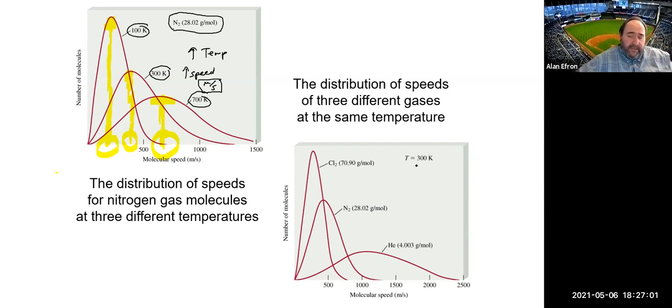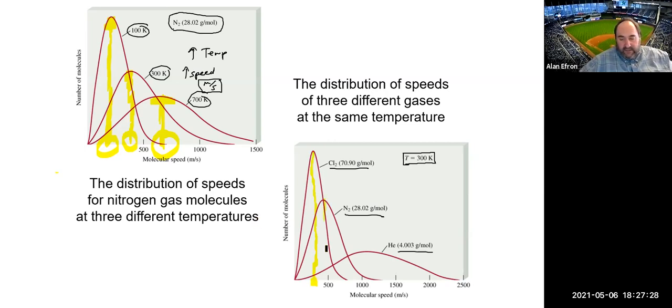Over here, what we're looking at is actually the temperature remaining constant, but we're looking at 3 different gases. We have our chlorine, we have our nitrogen, and we have our helium. And if we analyze it the same way, coming straightish down there, that's what's happening with chlorine at 300 Kelvin.